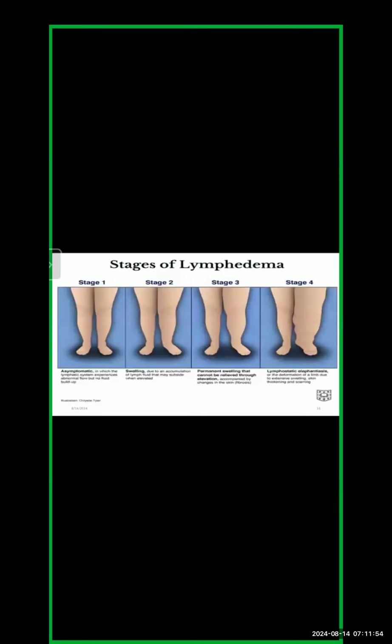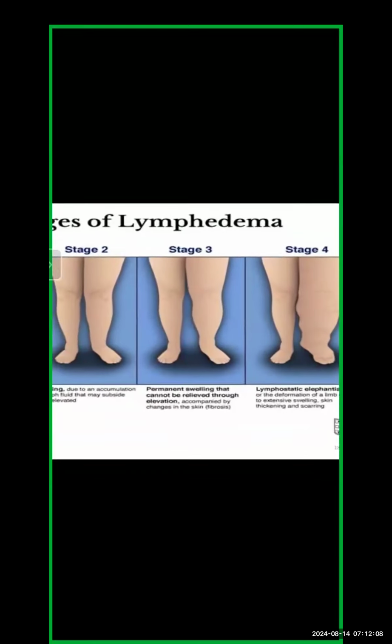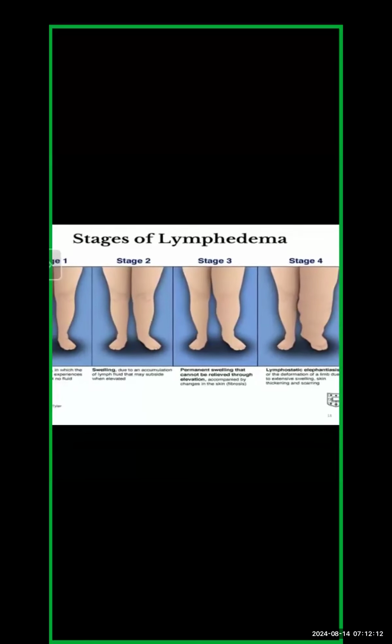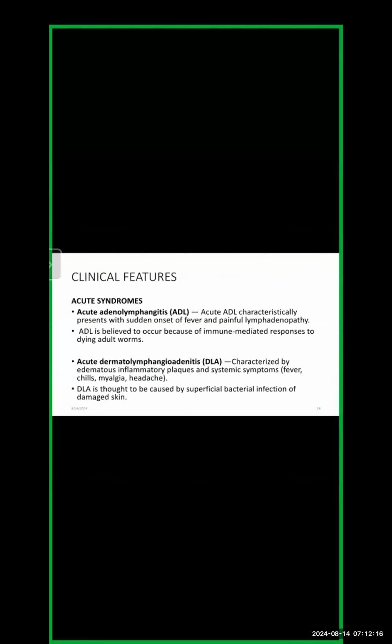Then there's a staging that helps to stage the lymphedema. So this index patient is in stage 4, which is lymphostatic elephantiasis, or the deformation of the limb due to the extensive swelling, skin thickening, and scarring that is seen.